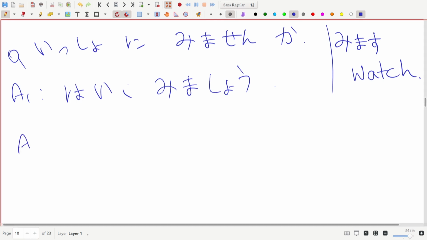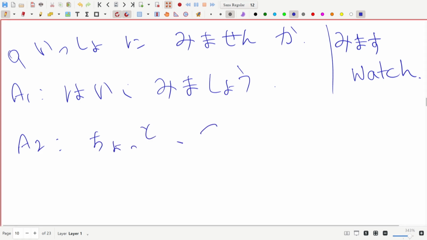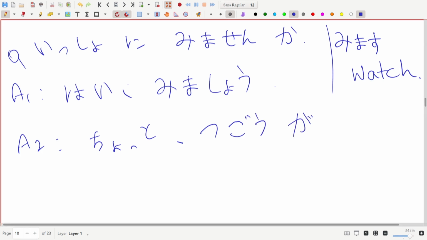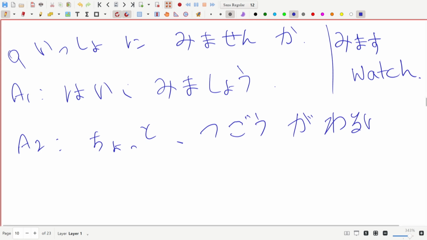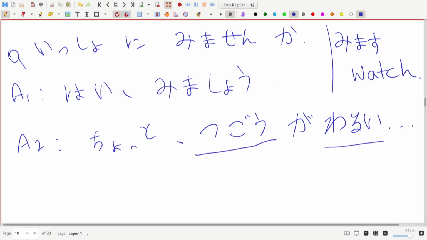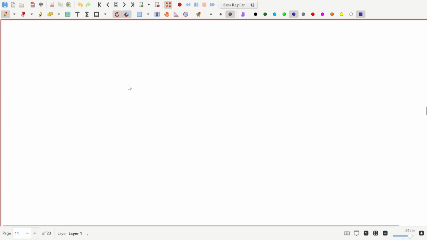And answer 2 could be "Chotto tsugo ga warui no desu ga." Tsugo is convenience and warui is bad. So it is not convenient for me. So this is how you change from mas to masho, which is the volitional form of the verb, to show your will.